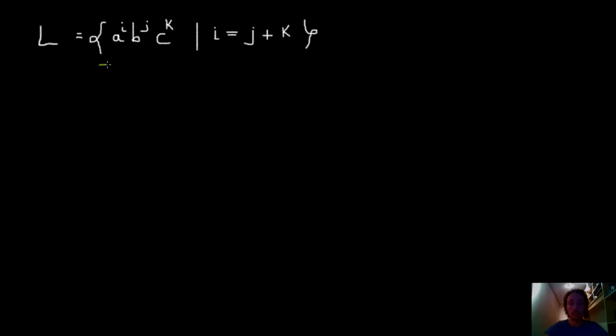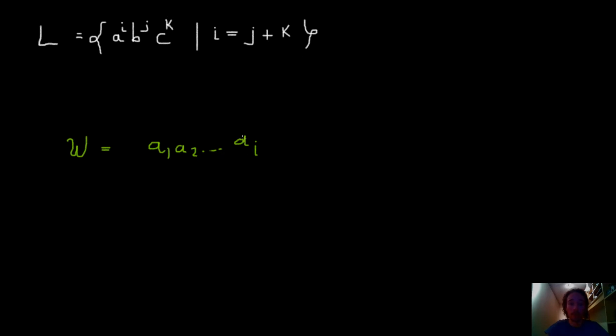The first thing is the format of the word, in the sense that all the words that belong to this language need to follow this format. We first need to have the sequence of all the a's, a total of i a's. Remember that when we have a power on a terminal symbol, it means how many times this symbol is repeated next to each other.